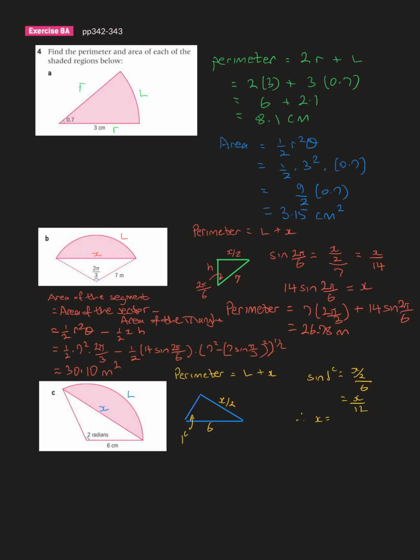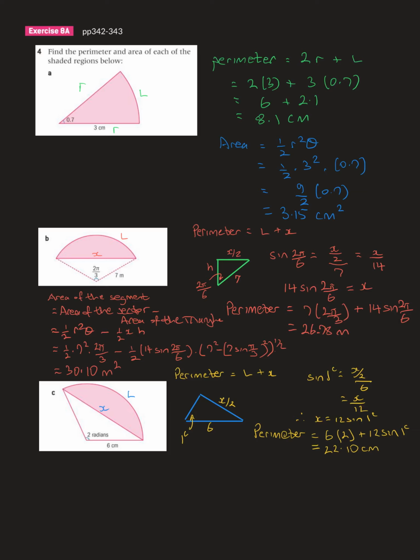Therefore, X equals 12 sine of 1 radian. So the perimeter is equal to r theta, that's r times 2, plus 12 sine of 1 radian, which equals 22.10 centimeters.